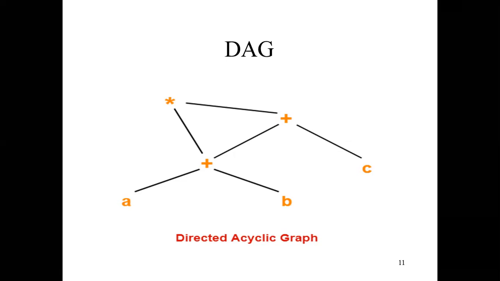We are using it only once, this is the technique. We are not repeating a plus b again and again. So this is called the compact form, and we can say this is called the directed acyclic graph. It is a little bit different than the syntax tree.